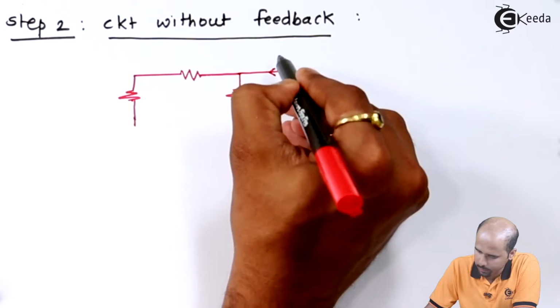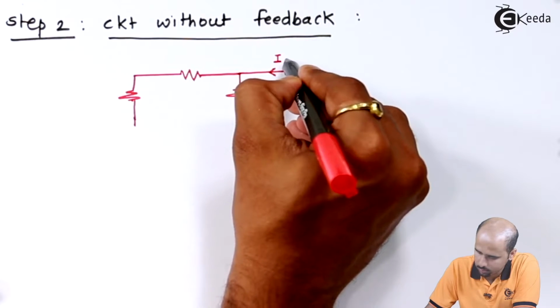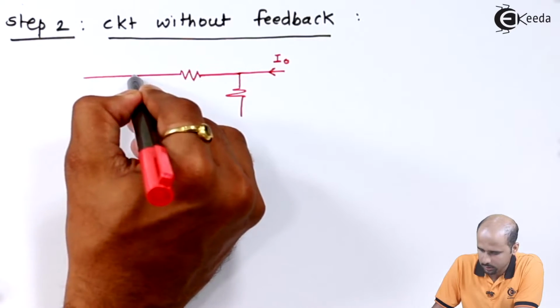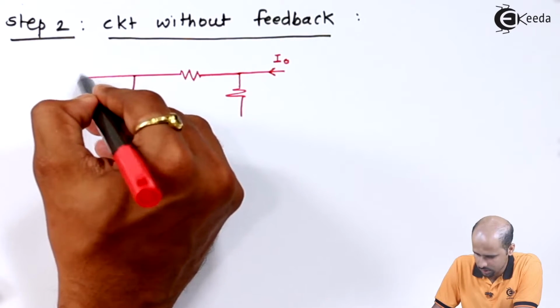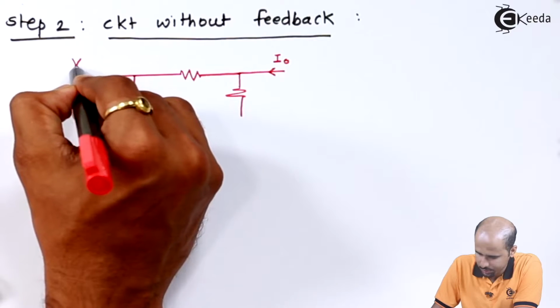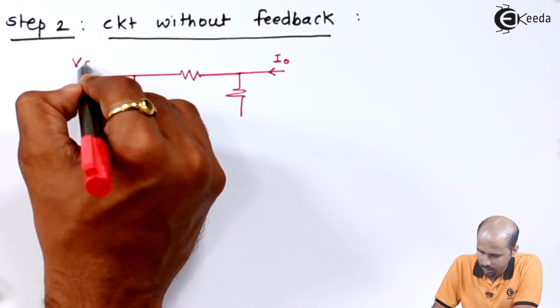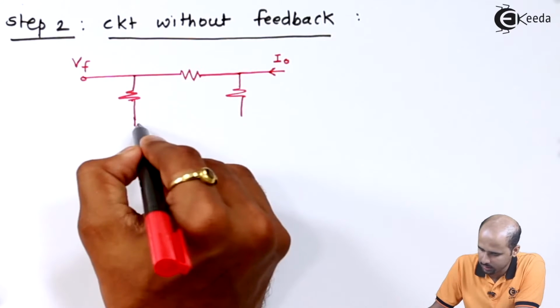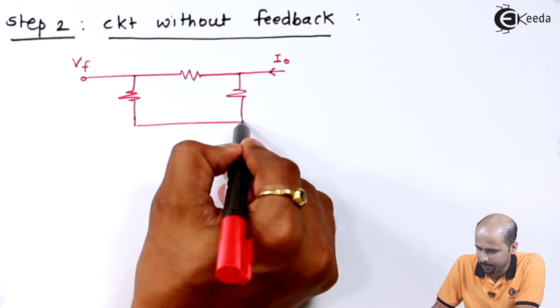And this is the output parameter that we want, IO. And this is the input parameter that we have. We can say that this is your VF. So basically VF divided by IO. What will be the value of VF divided by IO?